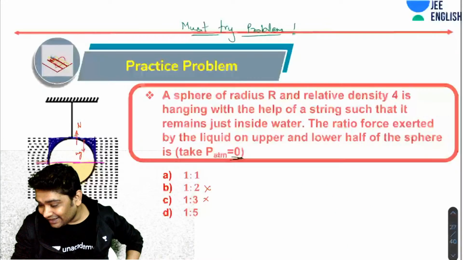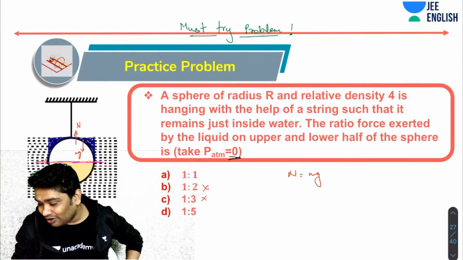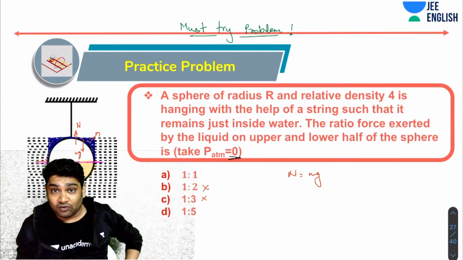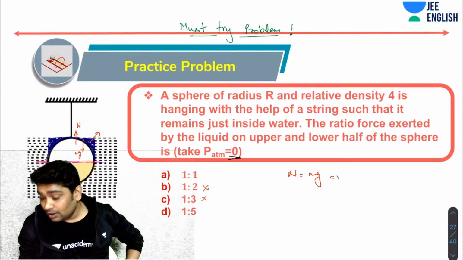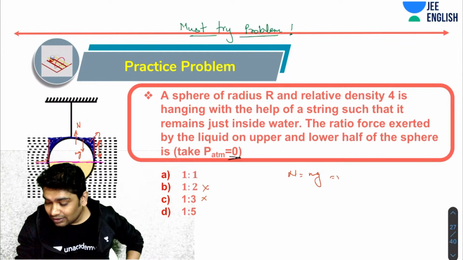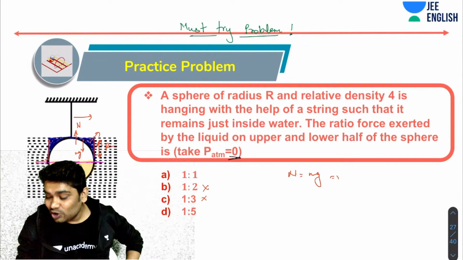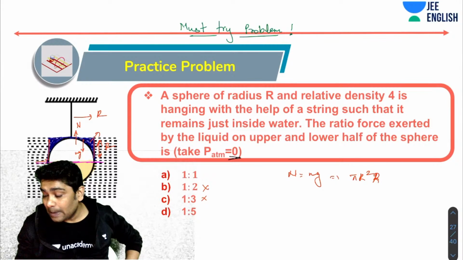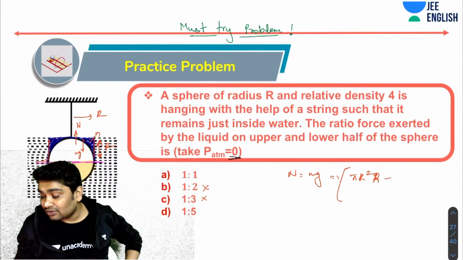Right. So can I say N would be equal to mg of that liquid, where m is the mass of this liquid. Now weight of this liquid would be, can I say the volume of this cylinder? You have a cylinder which has a height r and a radius r. So what is the volume of the cylinder? Pi r squared h. Okay, so this is the volume of the cylinder minus the volume of the hemisphere.